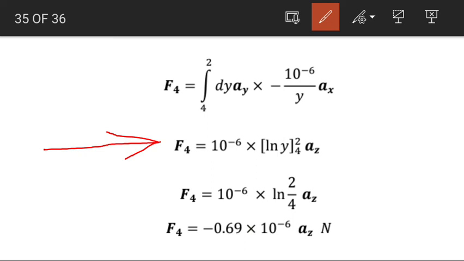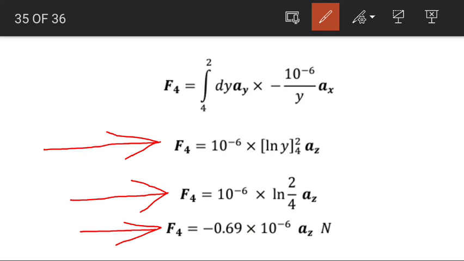So we put the limits in the second equation, and we get F4, which is minus 0.69 into 10 raised to power minus 6 az Newton.